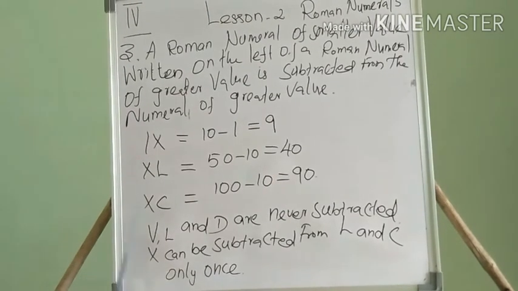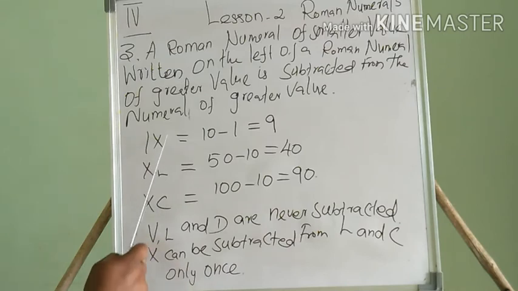Let me see the third rule in our Roman numerals. A Roman numeral of smaller value written on the left of a Roman numeral of greater value is subtracted from the numeral of greater value. What's the meaning of this? I already told you.